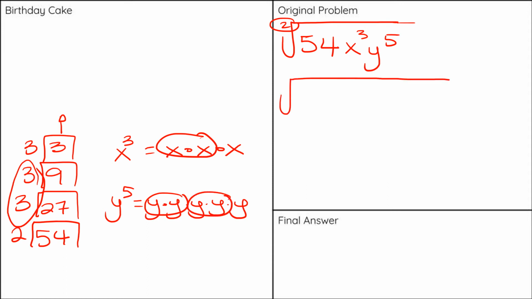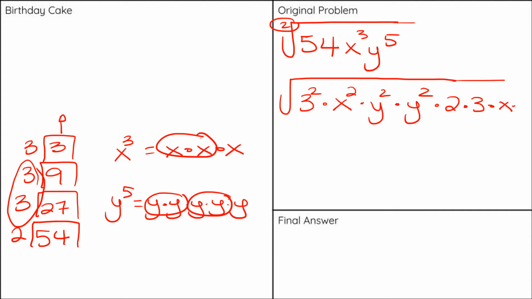So I'm going to rewrite with my exponents. I've got 3 squared, x squared, y squared, y squared. And then I have 2 times 3 times x times y. So we have 3 squared, x squared, y squared.